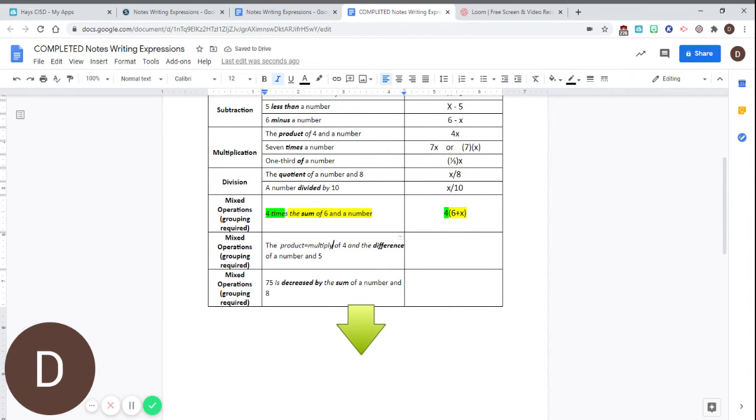So the product of 4 and the difference of a number and 5. We know we're going to be multiplying by 4 again, the product of 4, but it's the product of 4 and the difference. So again, the difference of a number and 5.